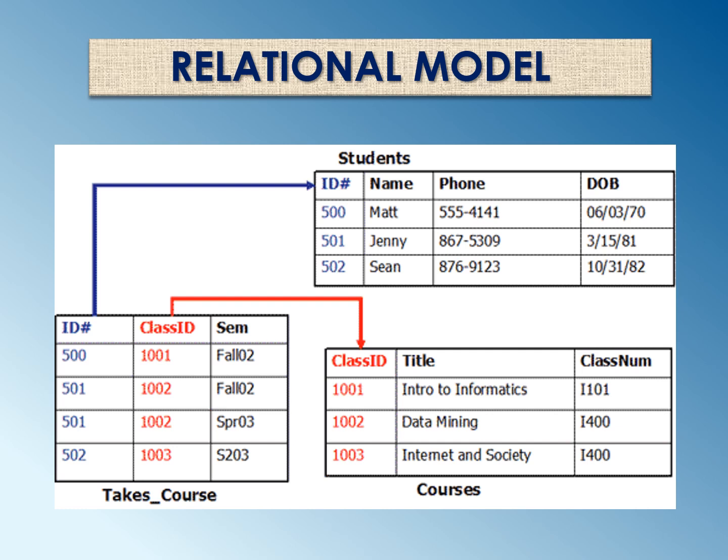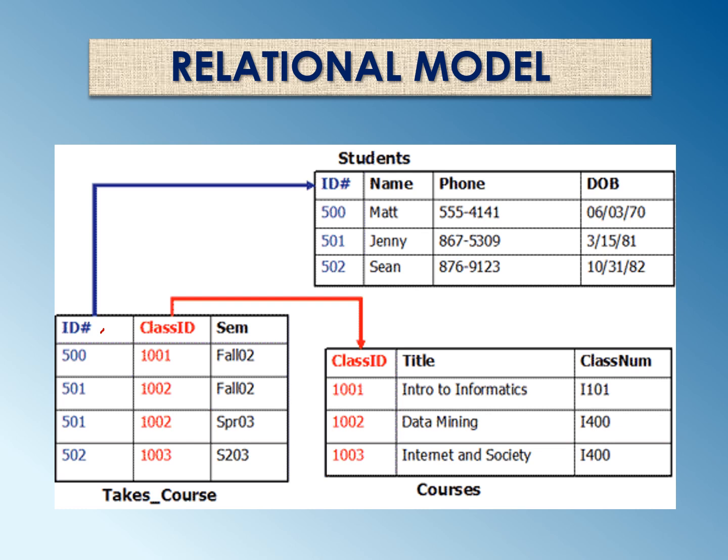Now this is one of the examples where I am taking three tables: a student table, a course table, and how the students are taking various courses. The student table is related with the students taking courses table with the help of this common key field which is called ID.